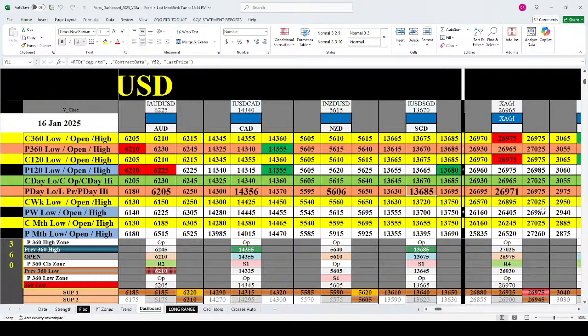Okay, and this is also above your previous week high. So which means to say that the price has already broken the high, and this is going to be a make or break scenario. If it breaks, okay, it's going to go higher. If it doesn't, it fails, then it's going to be a failure and pullback.